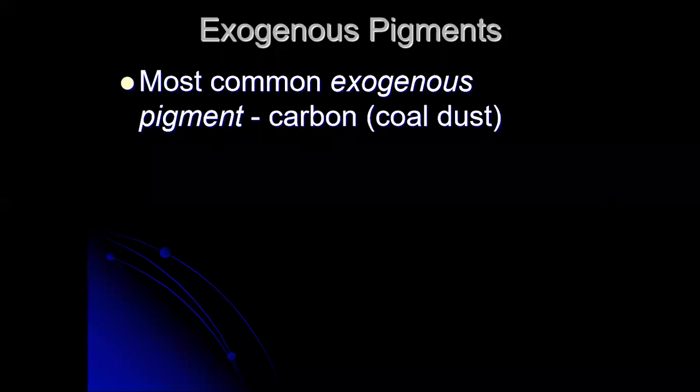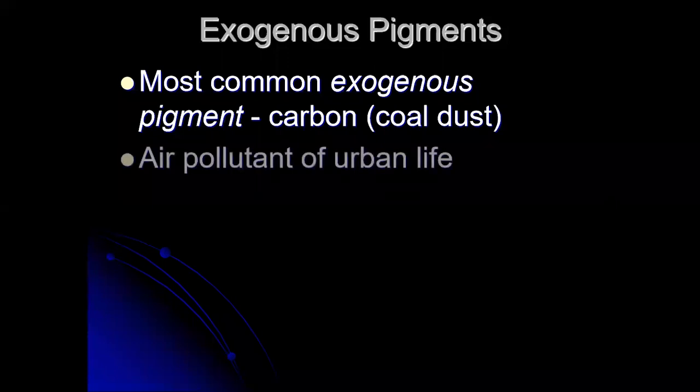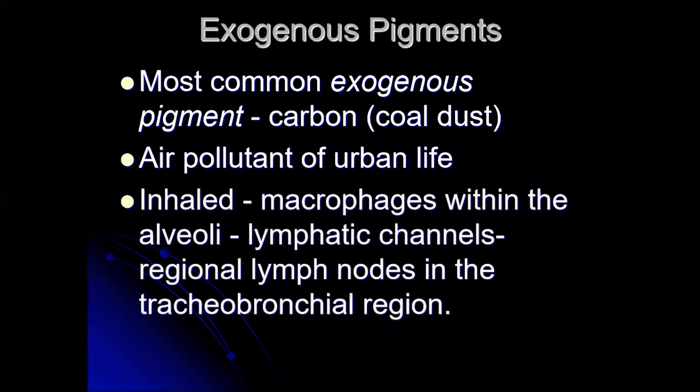So carbon, also referred to as coal dust, is the most common exogenous pigment. This carbon is what is released into the air from fumes, either from fire, vehicles, or industries. So the smoke, smog, and all these that you see in the environment, especially in urbanized areas. Recently, I was hearing about New Delhi, India.